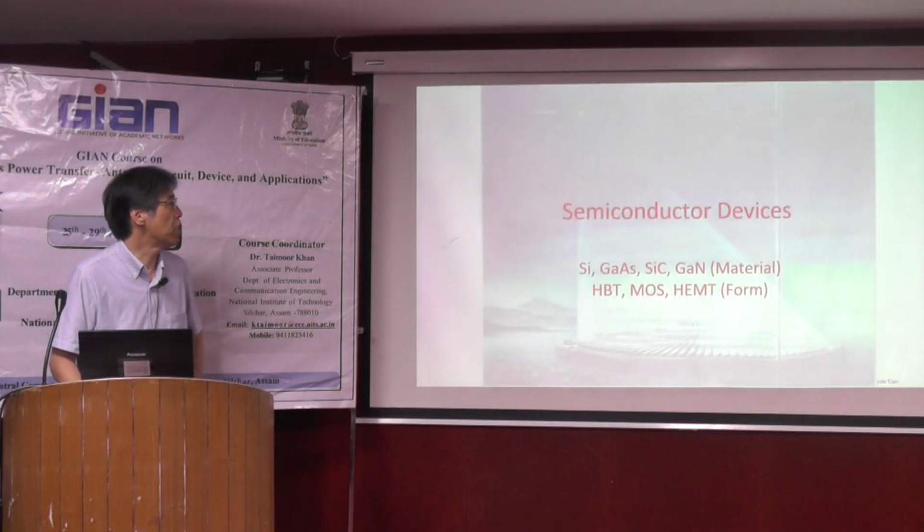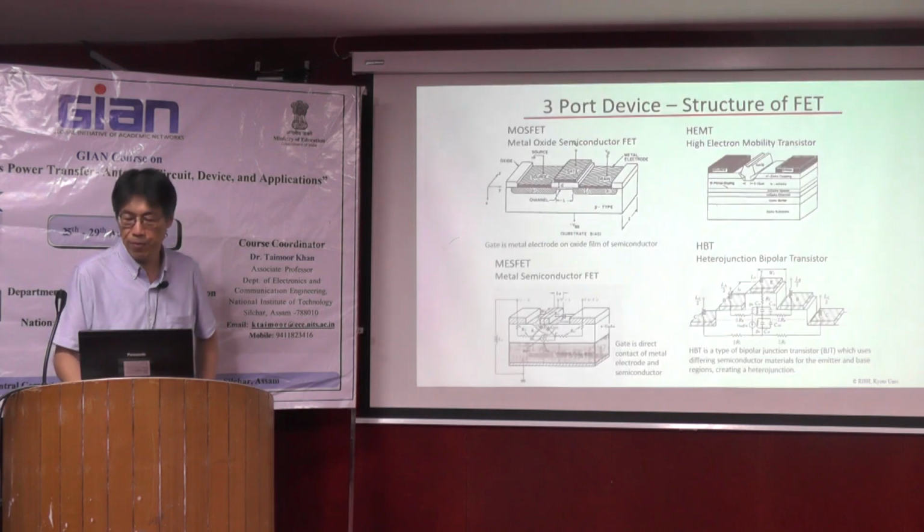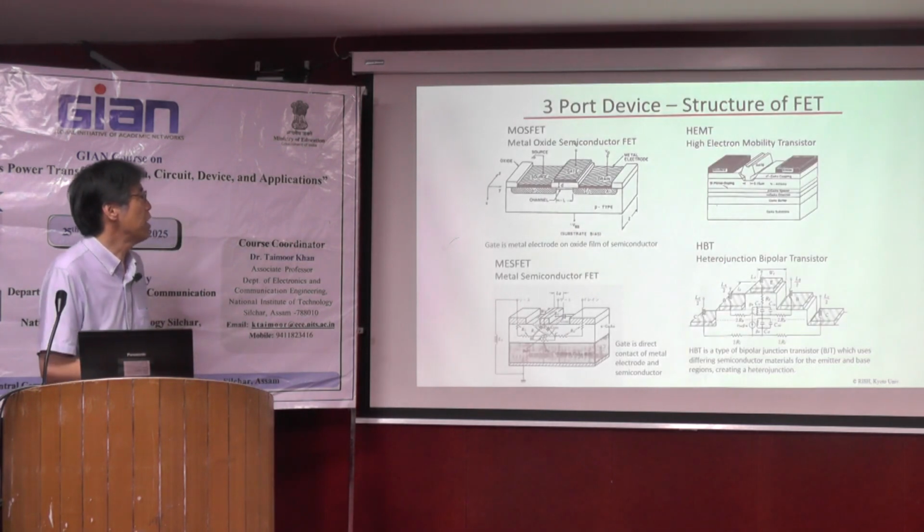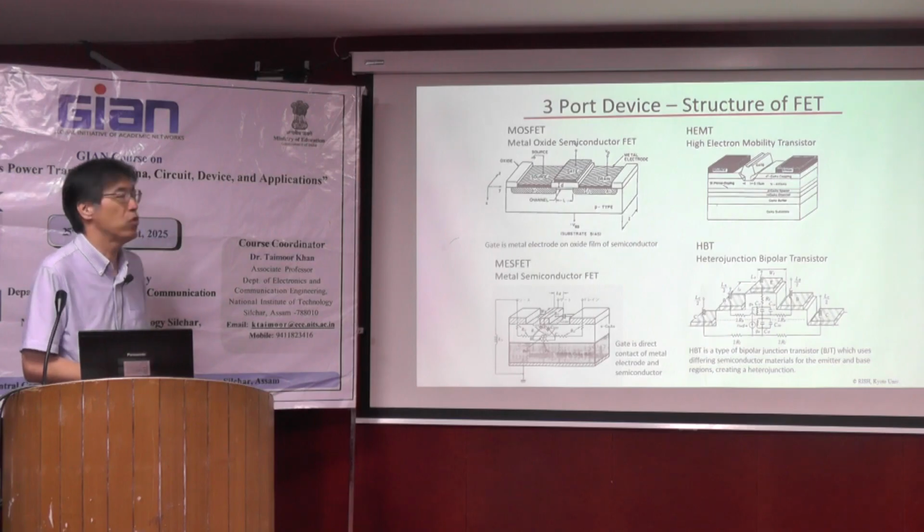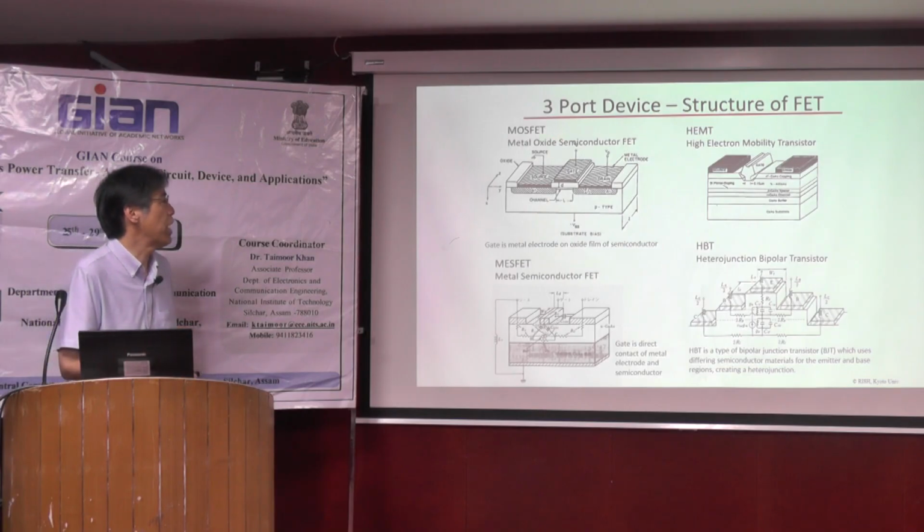This is the basic data, and from here I would like to explain the semiconductor device itself. And this is a typical semiconductor device, mainly 3-port device for the microwave frequency. Most FET sometimes apply in the microwave circuit.